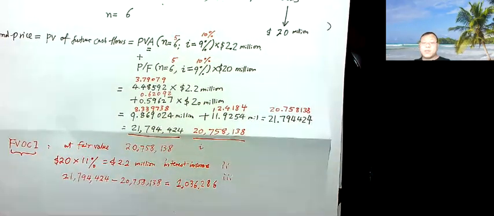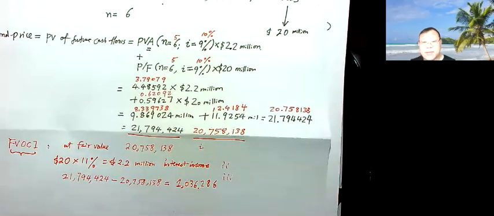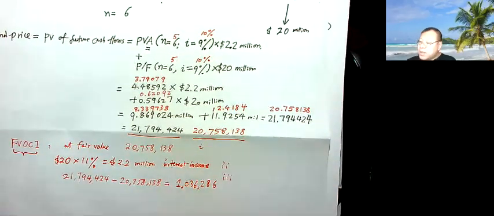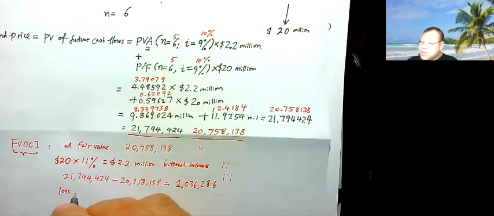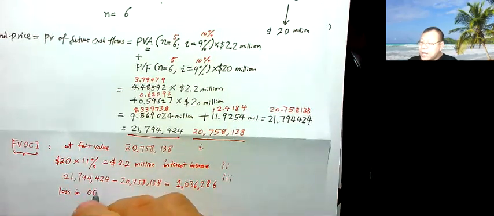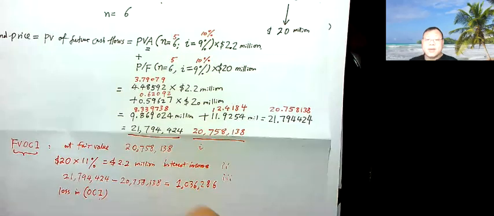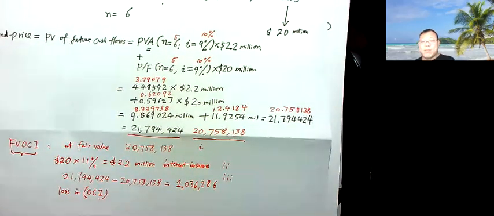So the difference is 1 million 36,286. So this one is a loss in OCI. Okay, it's a loss in OCI.